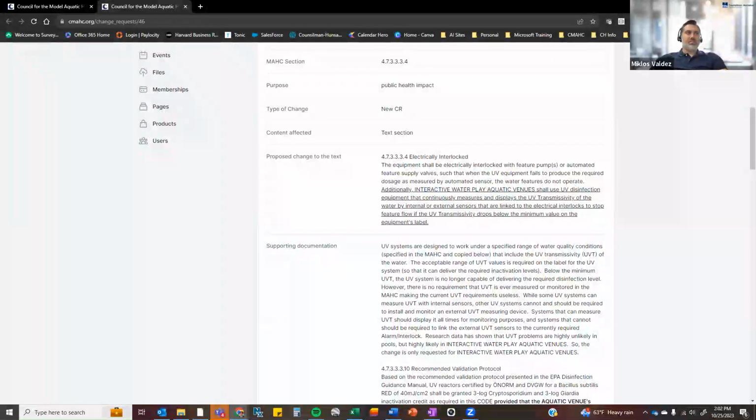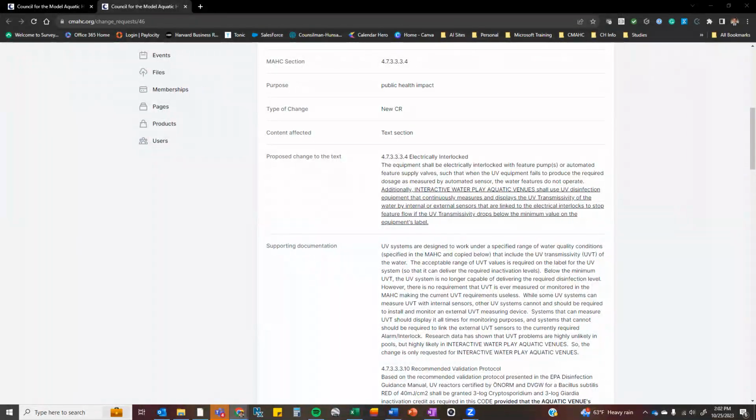Especially on the sensor availability. And we've required a sensor at least since the 3rd edition of the MAC. That was in 2018, so it's been in there a while.